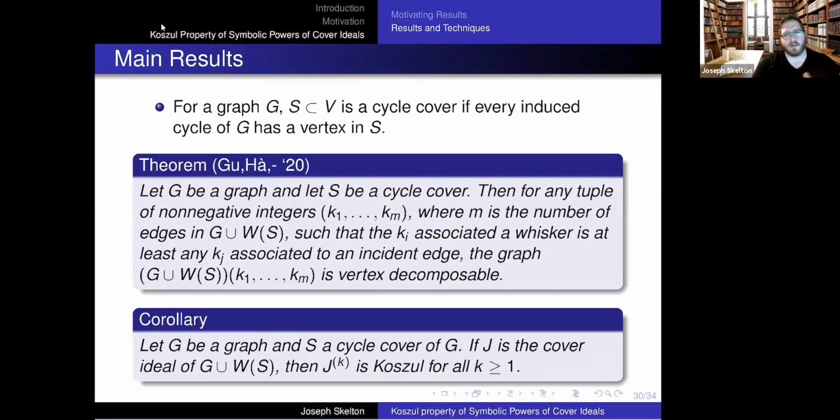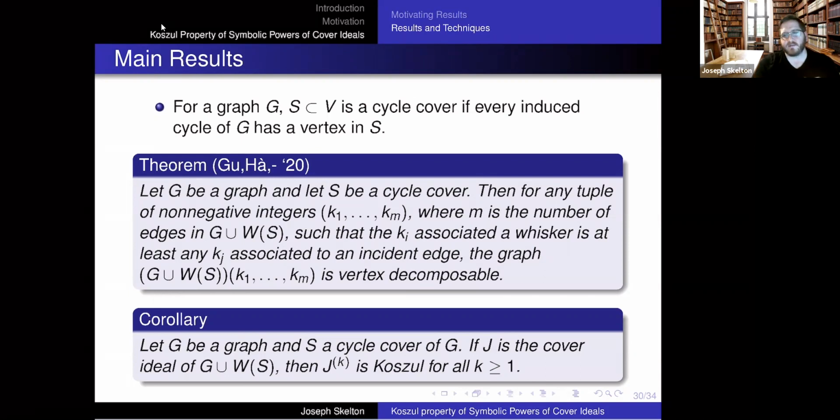So if S is a cycle cover, then for any k vector, if the ki associated to the whisker is at least any kj associated to an incident edge, then G union the whiskers at that set, for whatever k-tuple meets the criteria, is vertex decomposable. So essentially just copy the whisker more than anything else around it, and you're good.